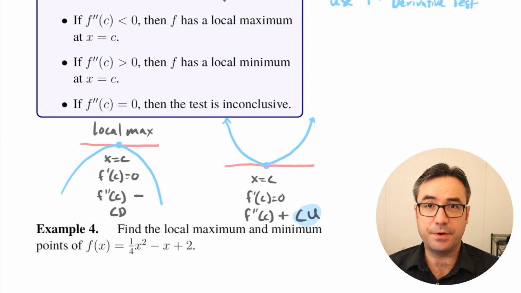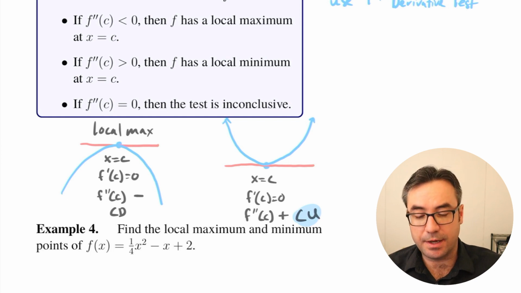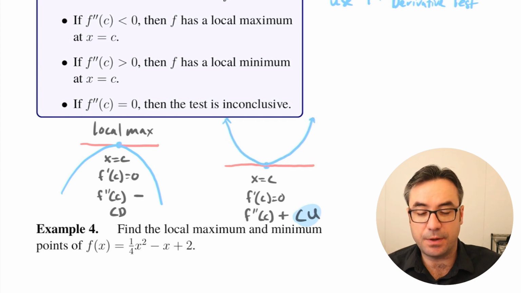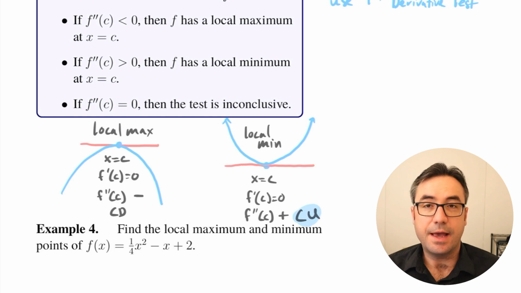And so if we draw what the graph is going to look like, it looks like we have a local min, and that's precisely what this test is telling us. We have a local min at this critical number. So it's going to be helpful when we do the second derivative test to sketch out what the graph looks like right around the critical number to help you classify that critical number.